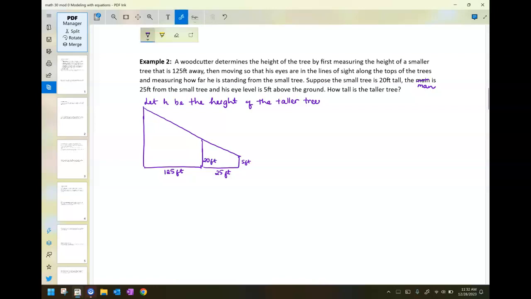Note that if I go ahead and draw the straight line from the line of sight of where the man is standing to the taller tree, I get similar triangles. The first one, highlighted in red, is a larger triangle.